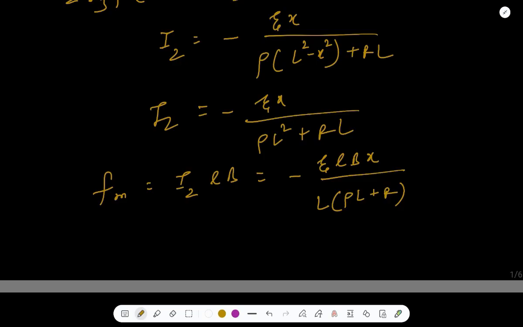And the jumper tends to return to the equilibrium position.